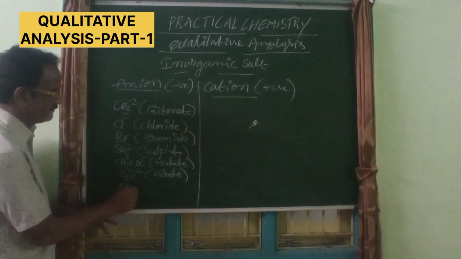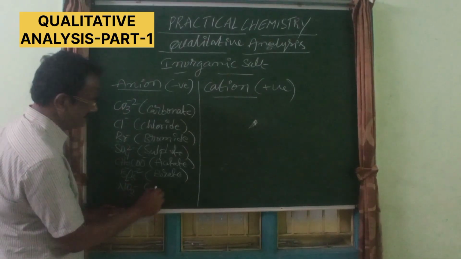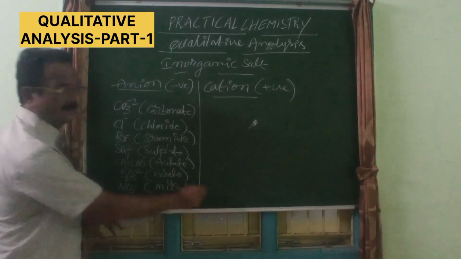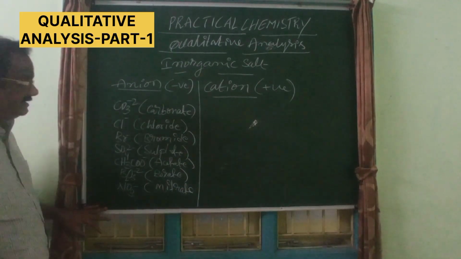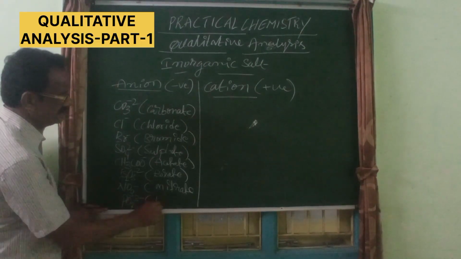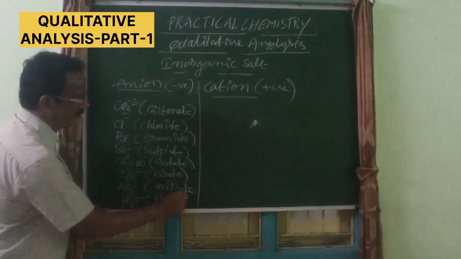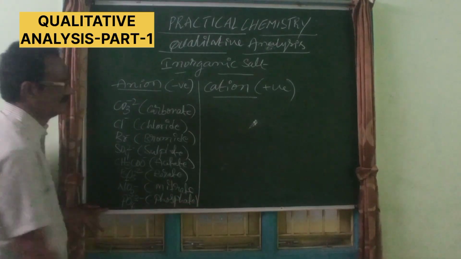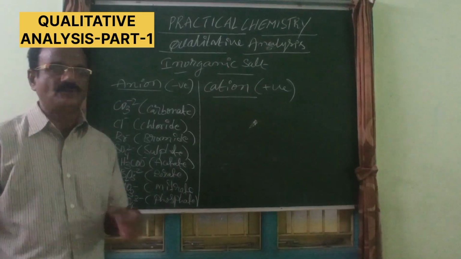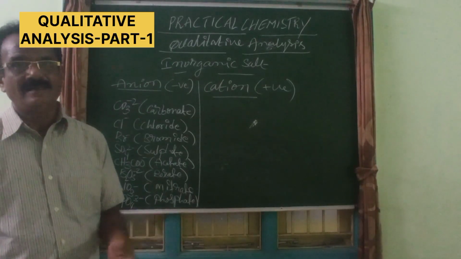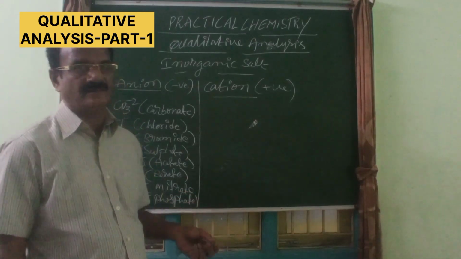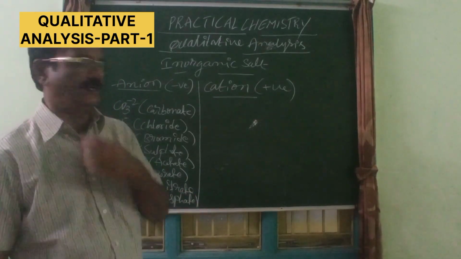NO3 minus, this is called nitrate. And in addition to that, phosphate is there, PO4 3 minus, this is called phosphate. These are the anions a student usually needs to analyze in the laboratory by following a systematic procedure regarding inorganic salt.